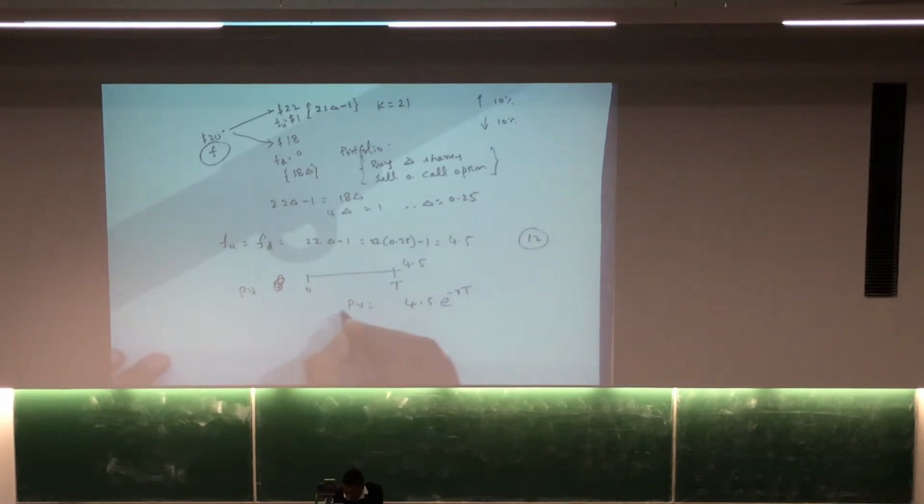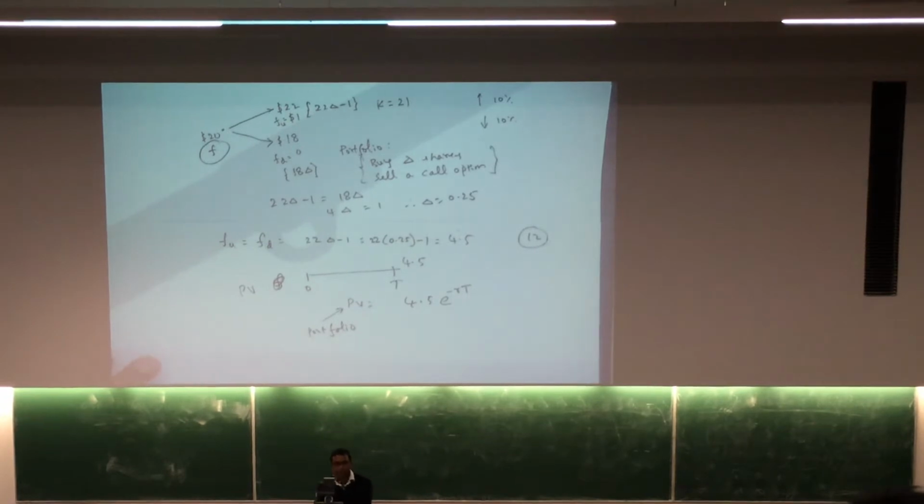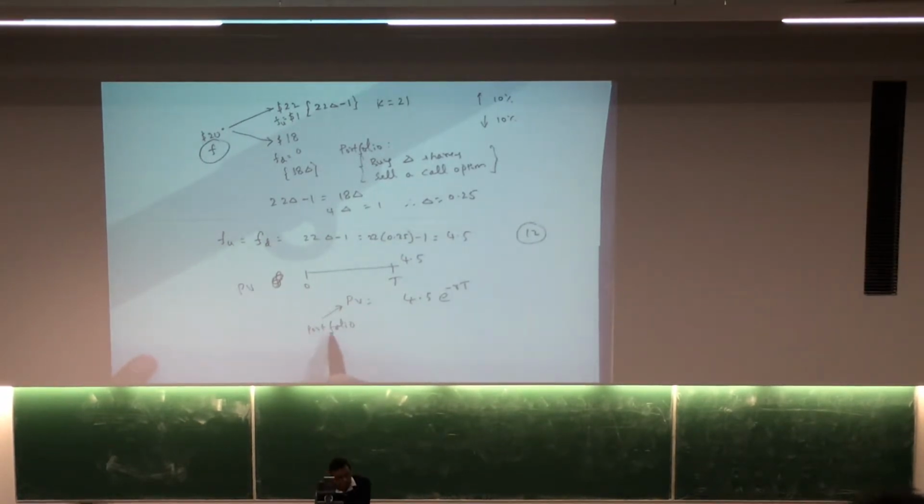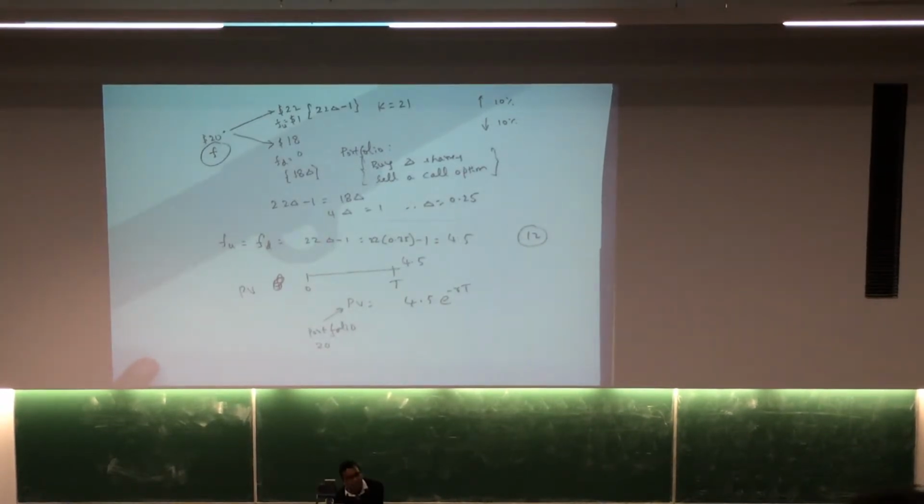So this is the present value of my portfolio. But this portfolio involves two components. I am going to buy delta number of stocks, where the stock price is 20, that we know, minus the value of the option.